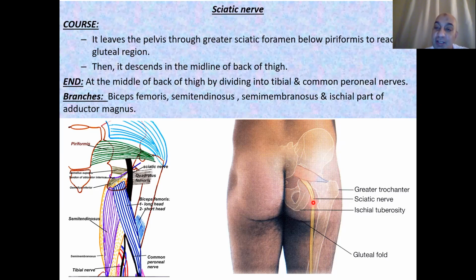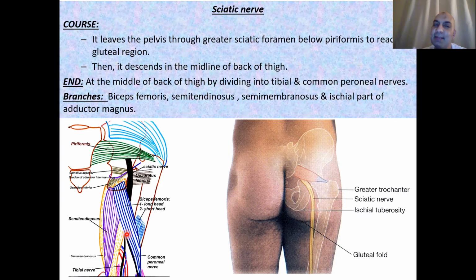It reaches the gluteal region, then passes in the back of the thigh, and in the middle of the back of the thigh it divides into 2 terminal branches. Actually, the 2 components separate from each other, the tibial and the common peroneal component.